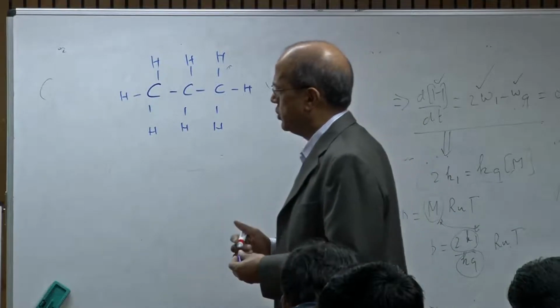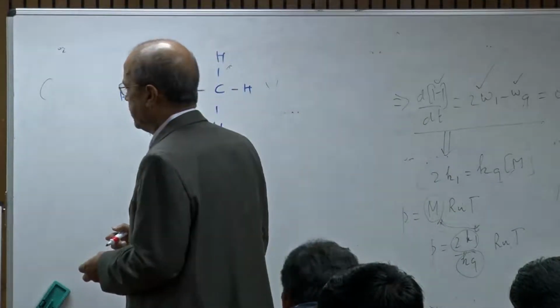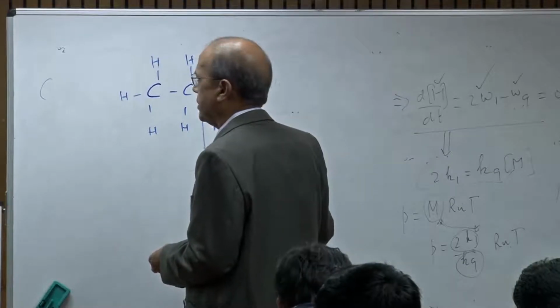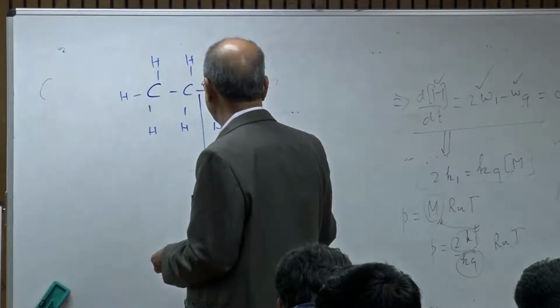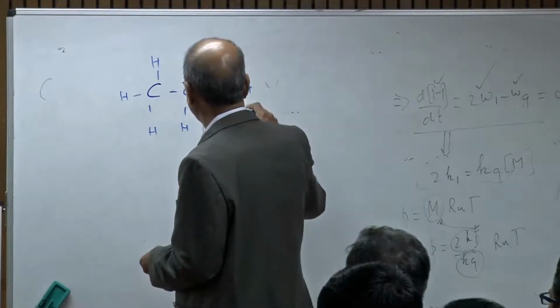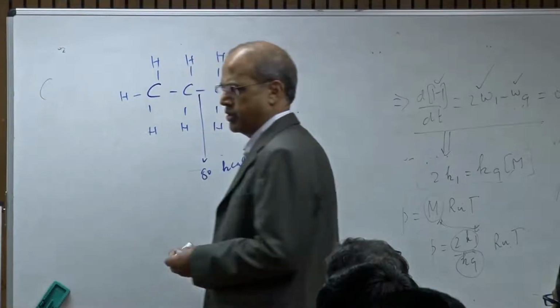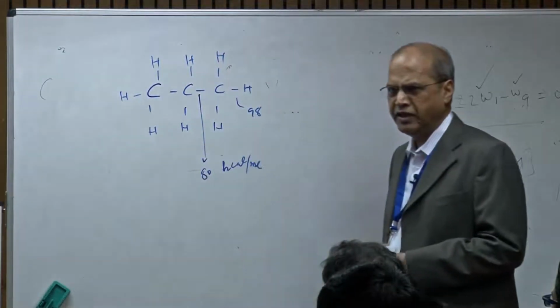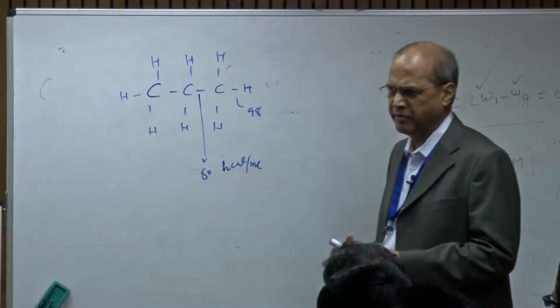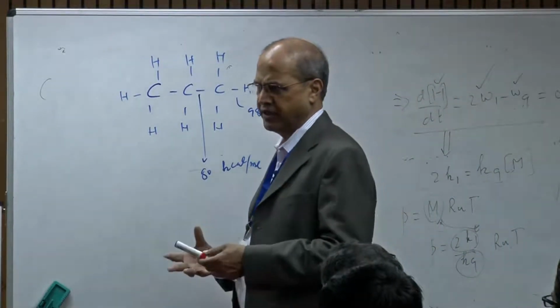The CC bond energy is about 80, and the units are kilocalorie per mole, whereas the CH bond is 98. That tells you which bond is more likely to break first when you start heating up the mixture or provide conditions for reactions.